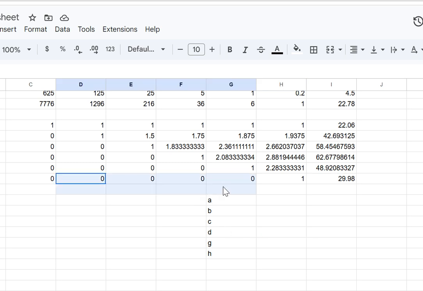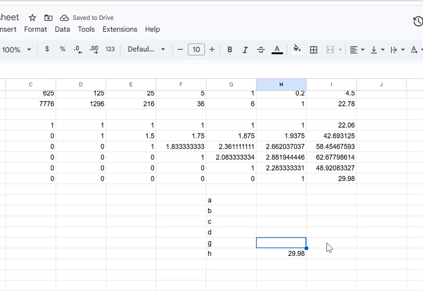But what we have in this first row is 0 times A plus 0 times B plus 0 times C plus 0 times D plus 0 times G plus 1 times H equals 29.98. That means H is equal to 29.98.